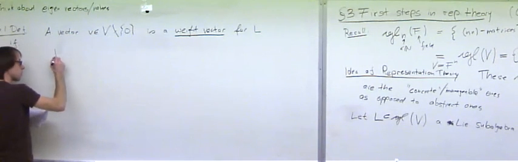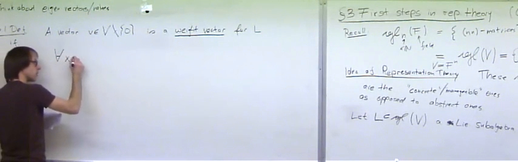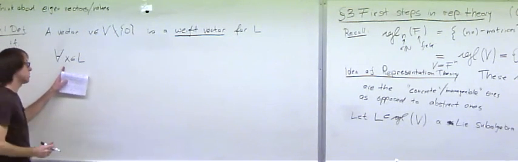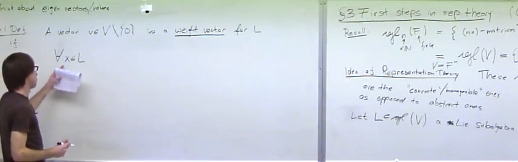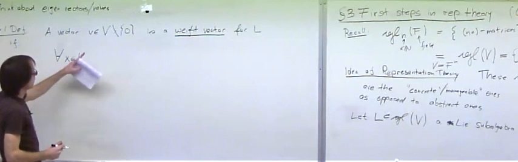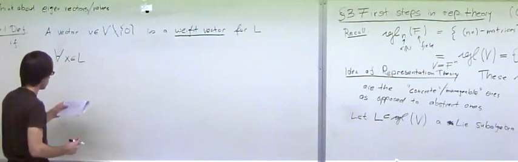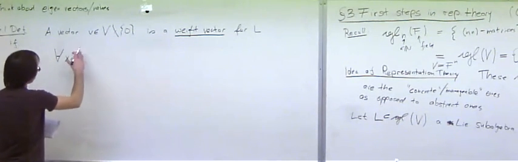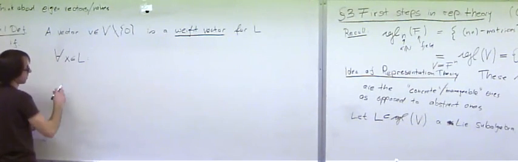Whenever I pick an element x of the Lie algebra, so this is a subset of the endomorphisms of this vector space, I want v to be an eigenvector of x.